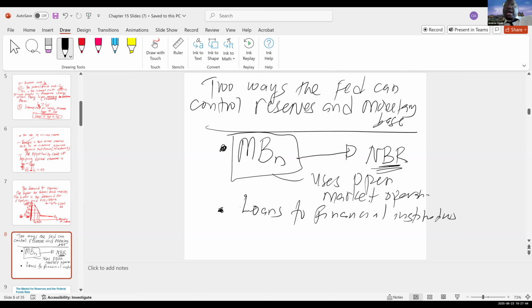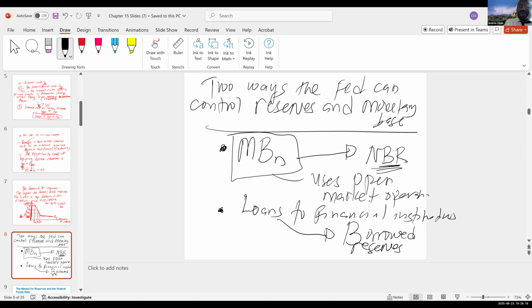If it wants to increase reserves and monetary base by $50 billion, it can either buy bonds from banks, and reserves go up by $50 billion, or it can loan money to banks. But when it loans money to banks, the component of reserves and monetary base that gets affected is what we call borrowed reserves.